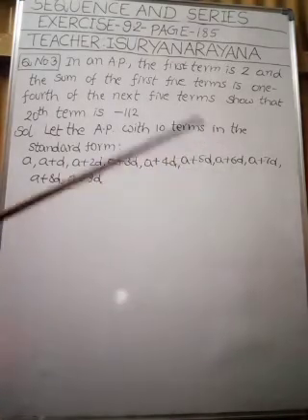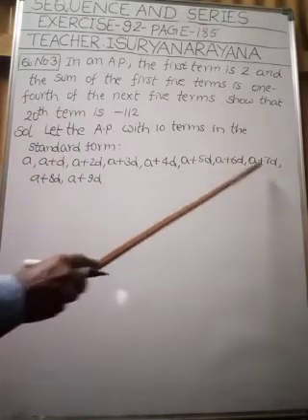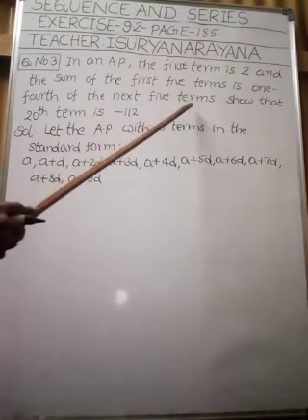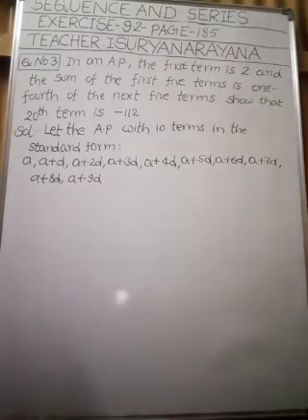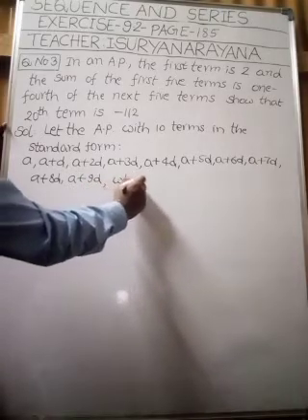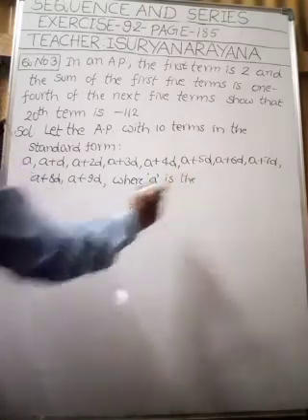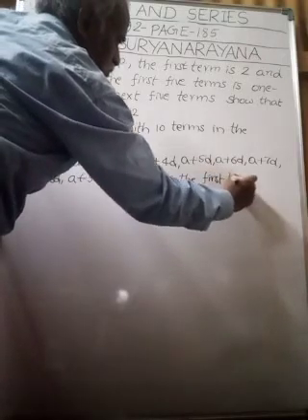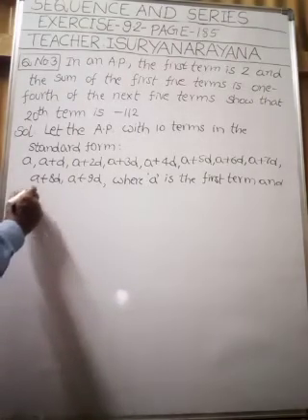See there, my dear children, how many terms did we get here? 1, 2, 3, 4, 5, 6, 7, 8, 9, 10. Total 10 terms, because we have the first 5 terms and the next 5 terms. So in total we have taken 10 terms in the arithmetic progression in standard form, where A is the first term and D is the common difference.